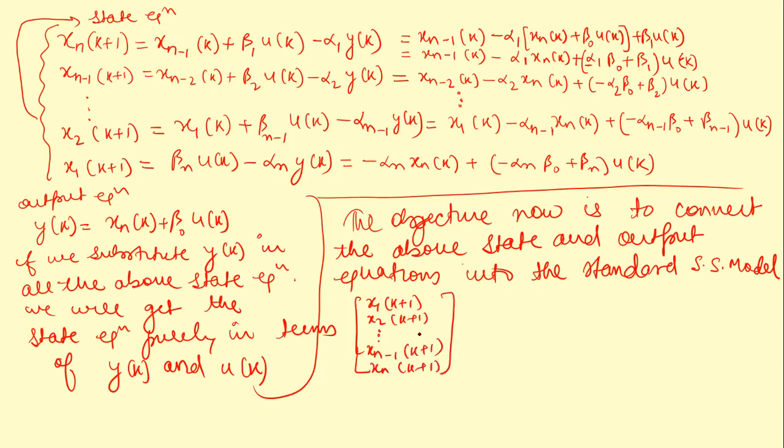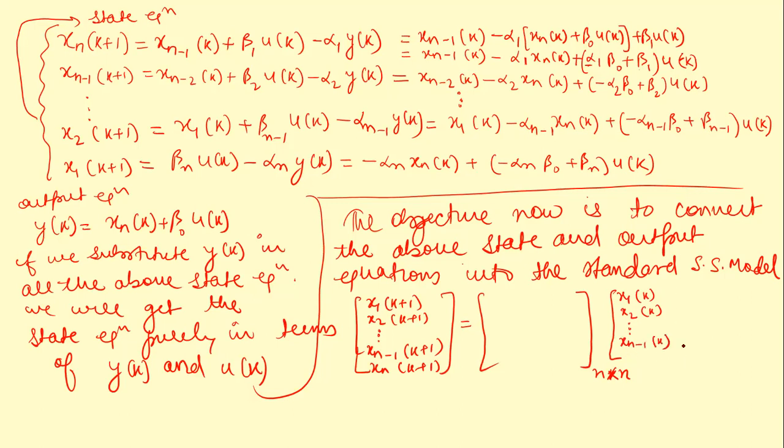These are the state dynamics of this given system is equal to, then we will have an F matrix which will have n by n dimensions. So here we have x1k, x2k, and then we have x n minus 1k, and then xnk, right?